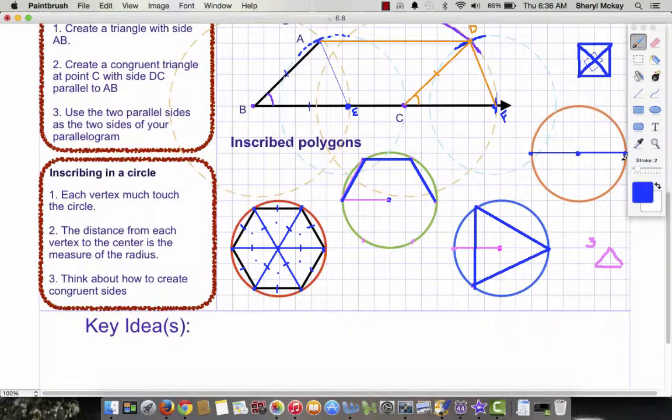What I asked you to do was to put the point of your compass on the end point, and extend your compass more than halfway. You can actually extend it the full diameter if you want, but I'll just do it right here.